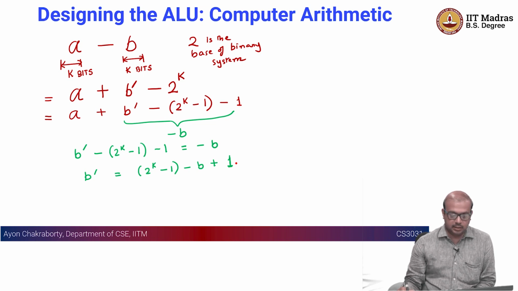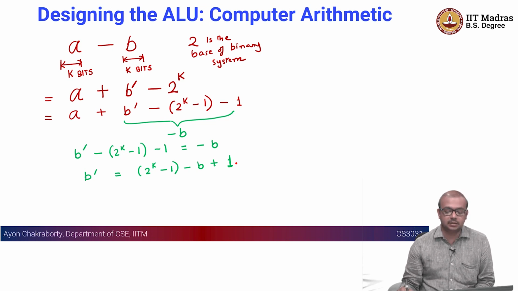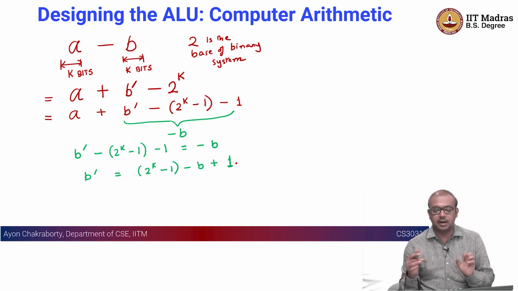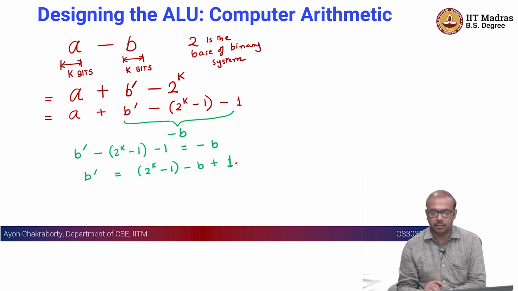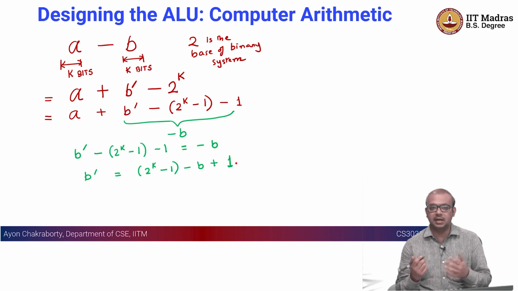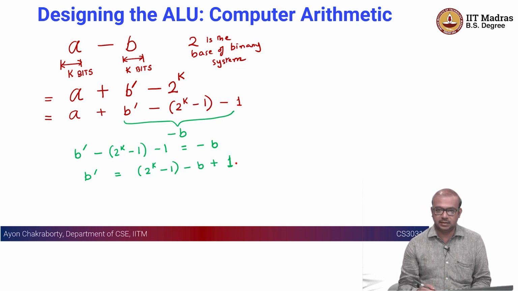So there is a specific reason why we have formatted the sum in a particular way. Why did we come up with this 2 to the power k minus 1 plus 1 kind of business? There's a reason, and this seems very friendly for implementing such things in hardware.